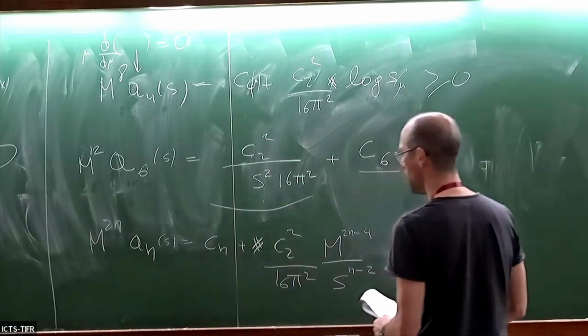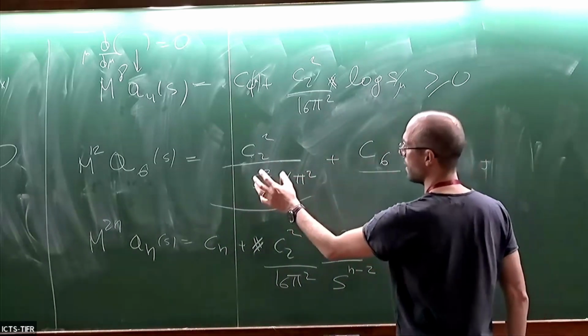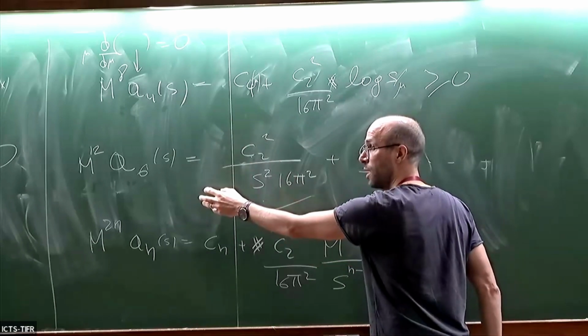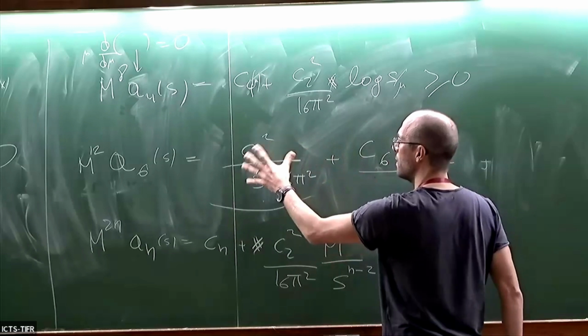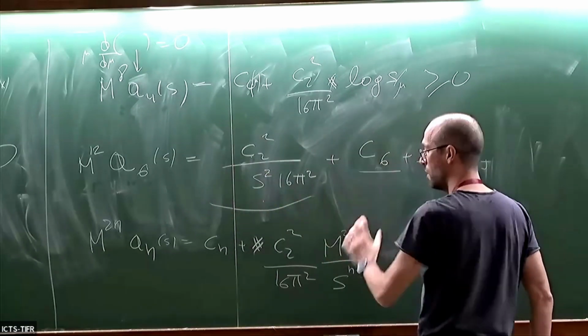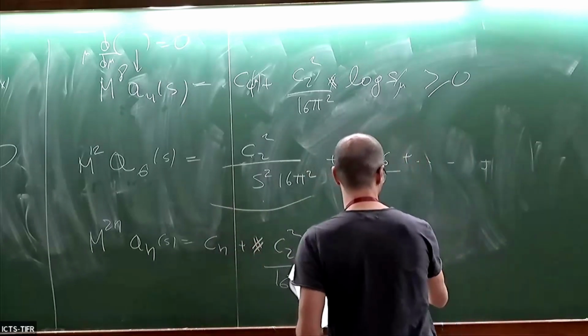So if I demand this is subleading to this, I have a chance if I take s sufficiently large or C2 sufficiently small. Perhaps I can win. I can still be in business if C2 is sufficiently small or s sufficiently large. So let's impose this. I require this one bigger than this.